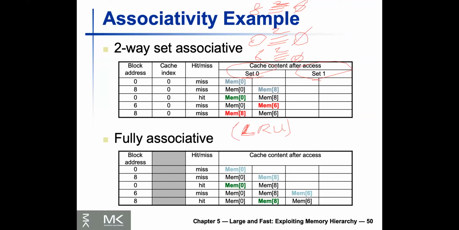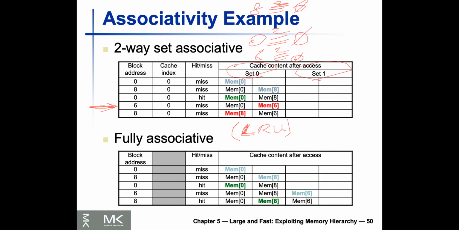Sometimes you need to override the data on top of each other, okay? For instance, in this case, we are using a least recently used method, which means the block that was used furthest in the past is going to be replaced, all right?